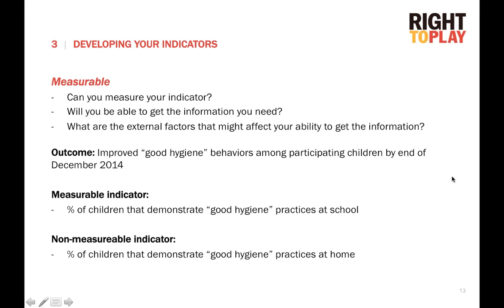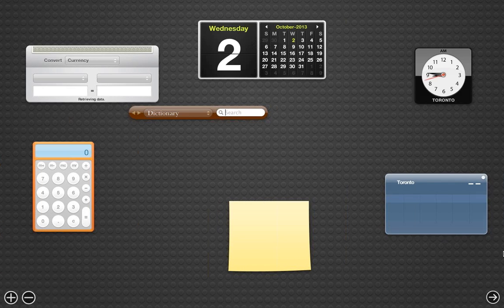The key thing that makes it a non-measurable indicator is that we're saying the percentage of children demonstrate. When we use the word demonstrate, it's using some sort of observable thing that we can see. And when we say percentage of children, we're talking about all participating children. So that means we need to actually observe children in their home, which isn't feasible.